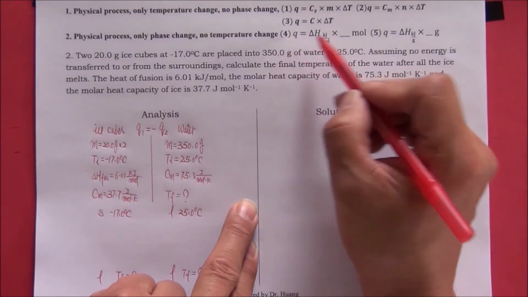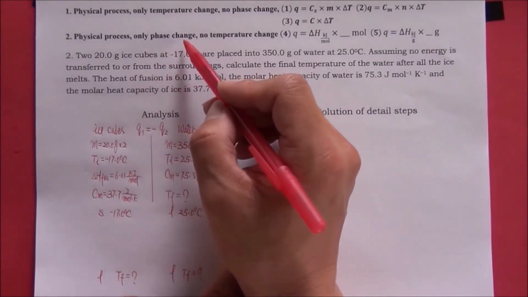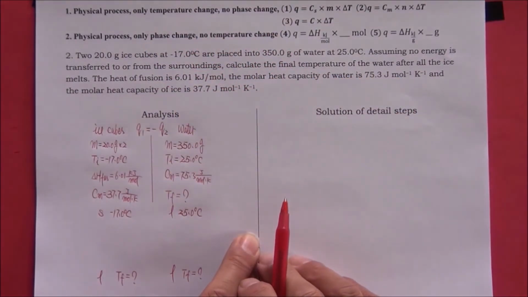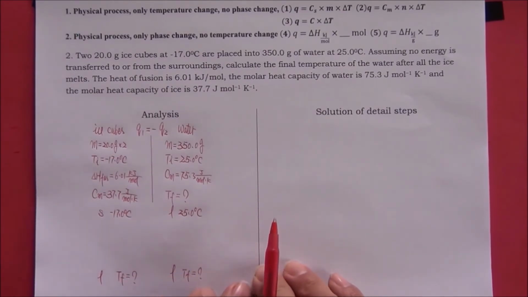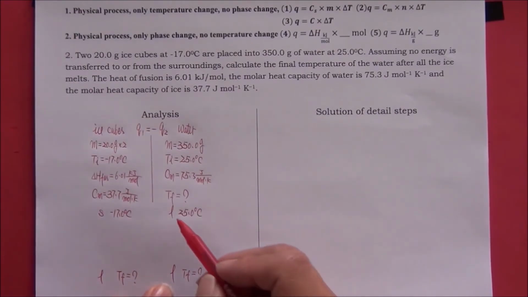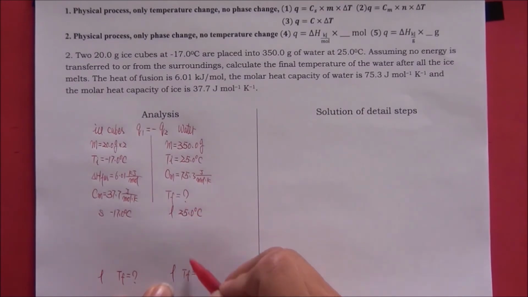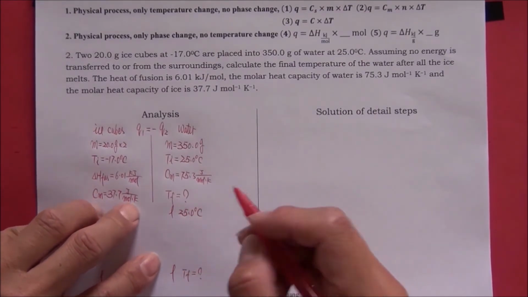Equations 4 and 5 can be used to calculate the heat whenever there's only phase change, but no temperature change. In other words, all the equations can be used to calculate the heat whenever there's either only temperature change or phase change. If we look at the water, we have a temperature change, but we do not have a phase change. So we can finish the calculation in one step.